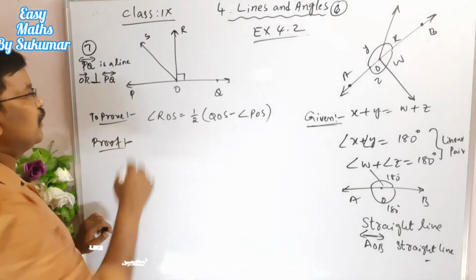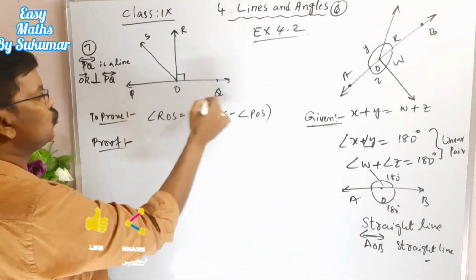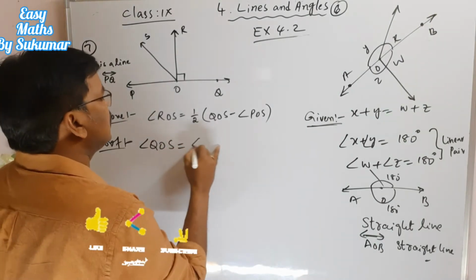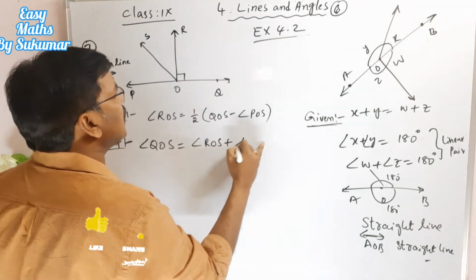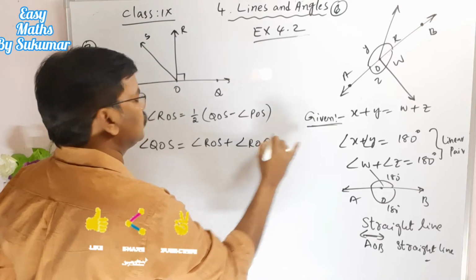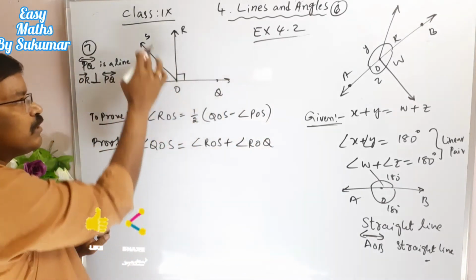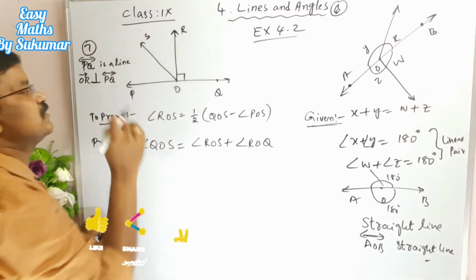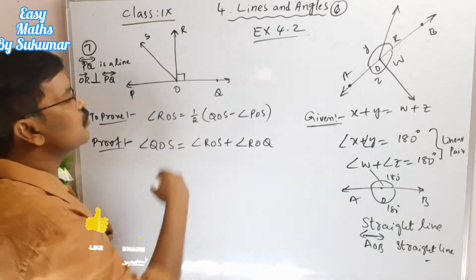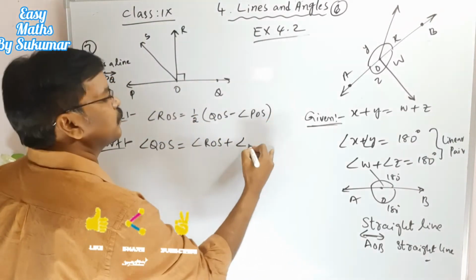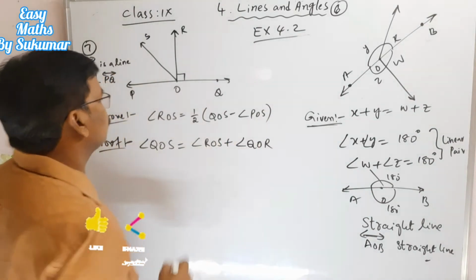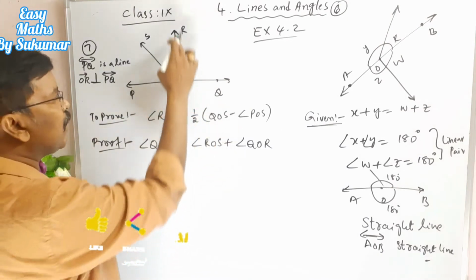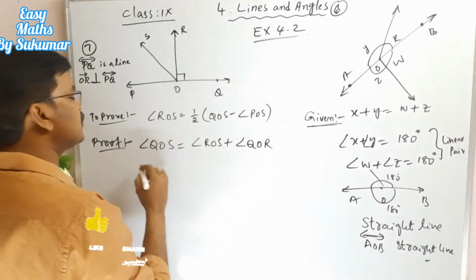Take angle QOS. Angle QOS is angle ROS plus angle ROQ. Why? This QOS is the sum of the two angles, angle ROS and angle QOR. But this angle QOR is 90 degrees.